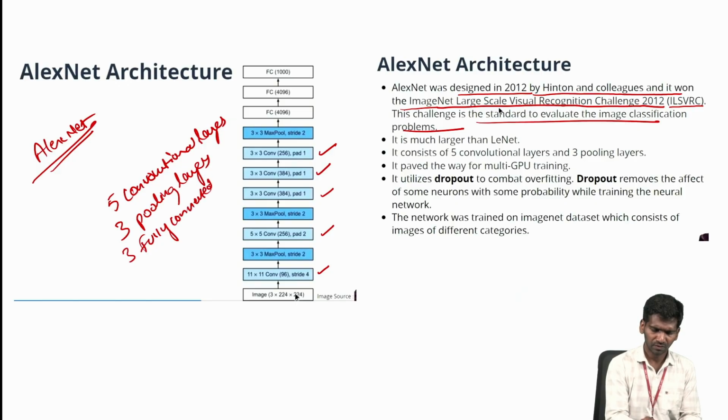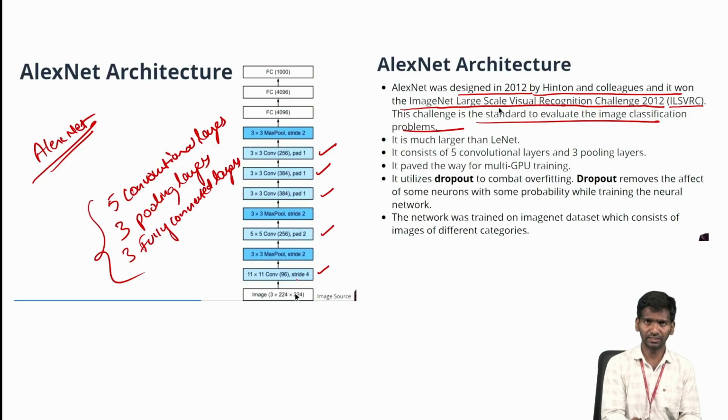How many fully connected layers? 3 are there, right? The first fully connected layer with 4096 units, then next also 4096, then followed by 1000. All these parameters: first an 11 cross 11 convolution layer with 96 filters, with a stride of 4.